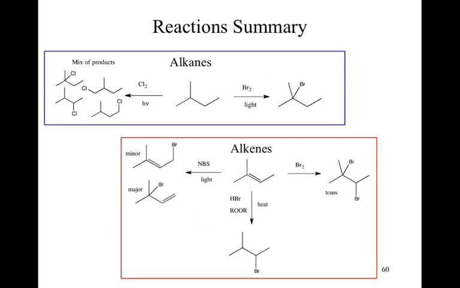So our big reaction summary is right here. If you have alkanes under radical conditions, bromine is your big key. Bromine and light. And that's going to do a substitution of hydrogen for our bromine. So we're losing that hydrogen for our bromine to get us now a reactive structure.